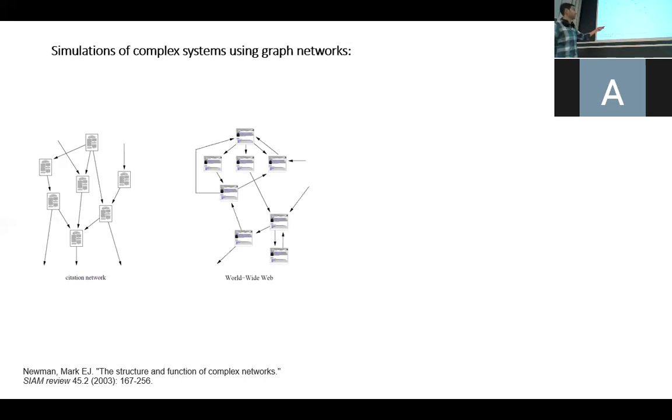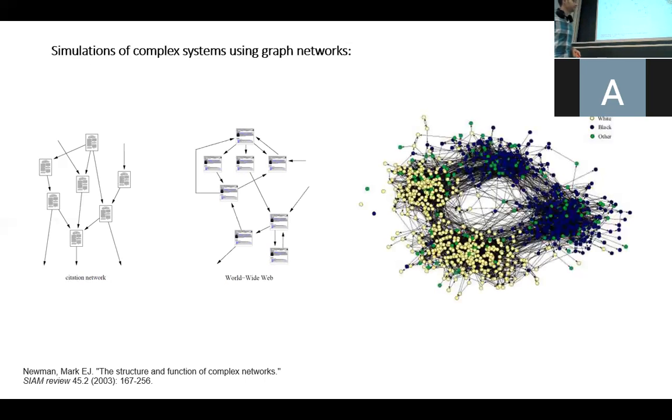Another example is the links between websites, the links on the web from which people go to other pages. This is a big network as well. Another example is a study done in a school in the US.